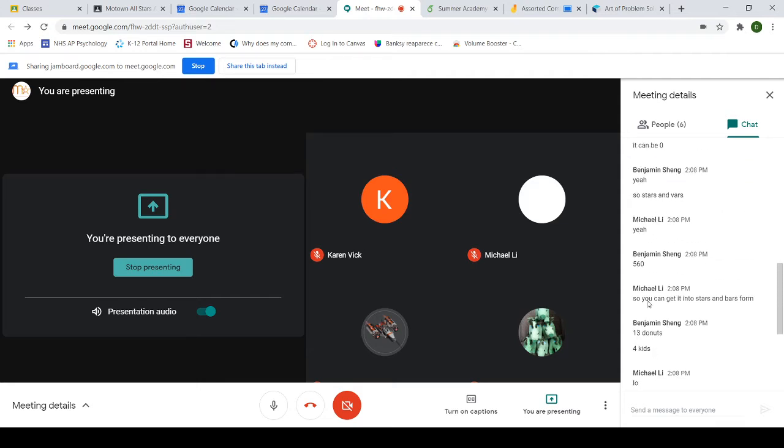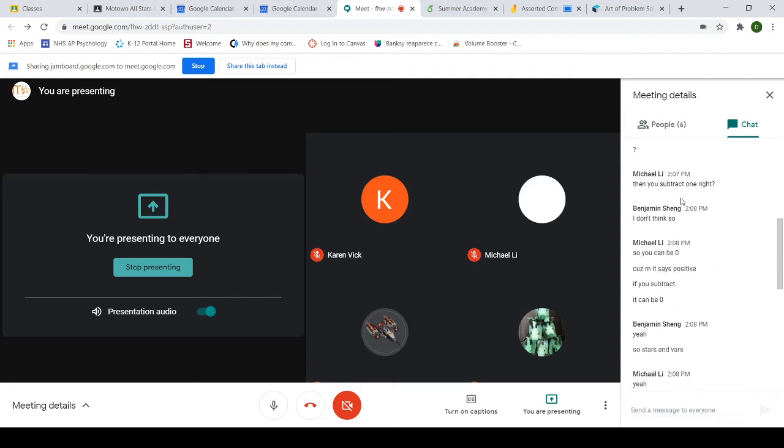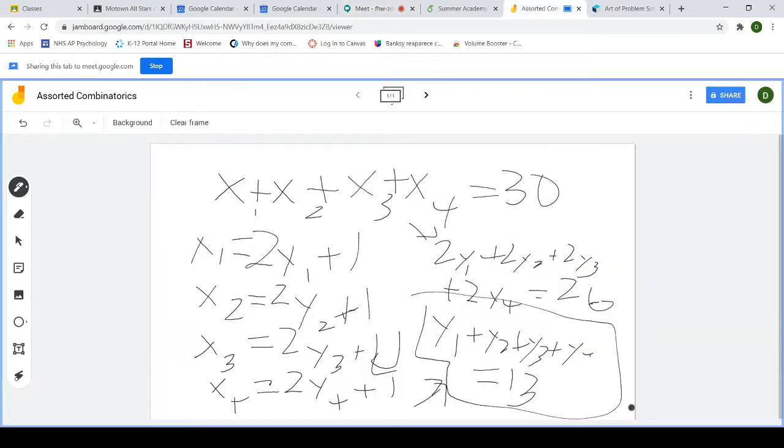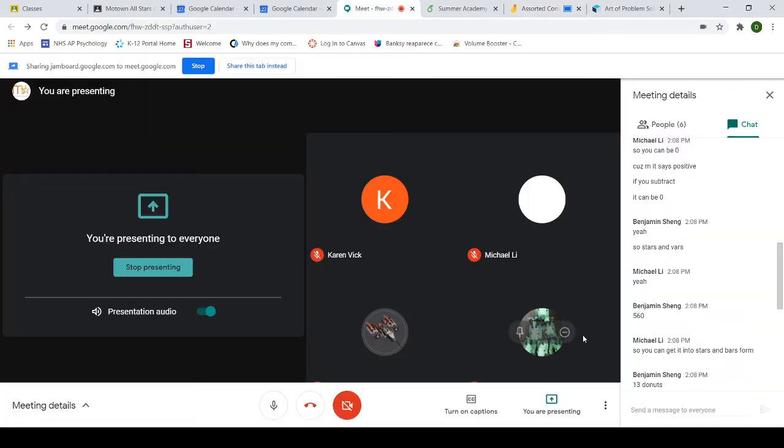Then it basically becomes stars and bars. You should be familiar with stars and bars. This is just 16 choose 3, I believe. Then just figure out what 16 choose 3 is.